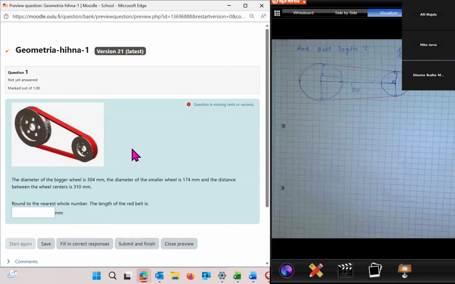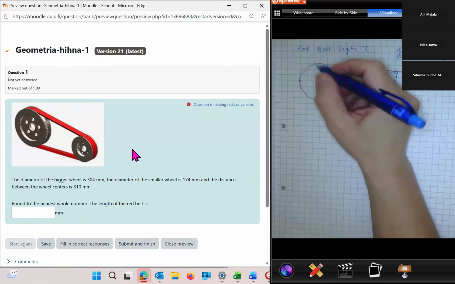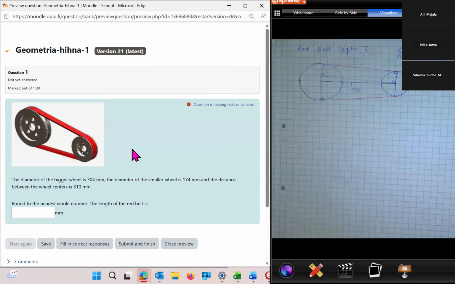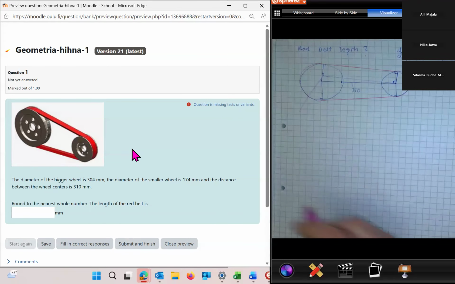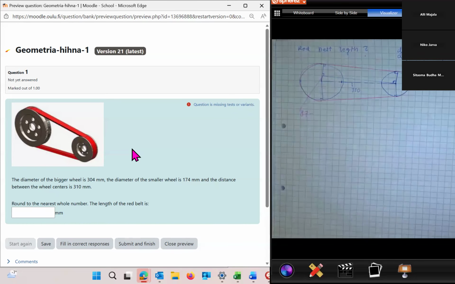So then this part here, I use some other color. This part here then is 87 minus what was this, 152.